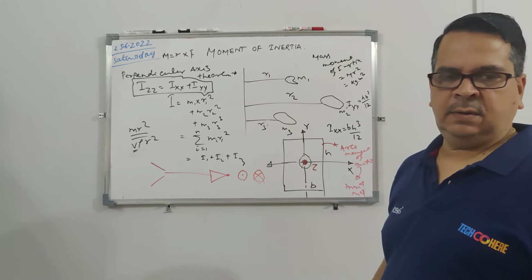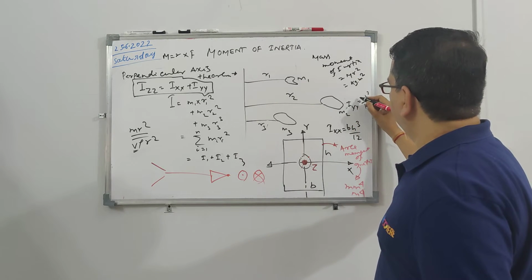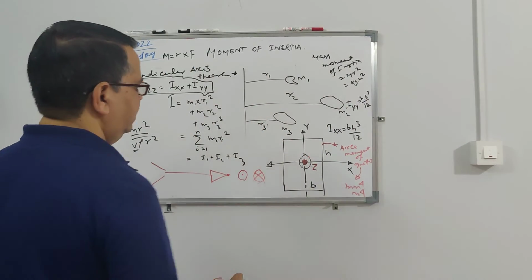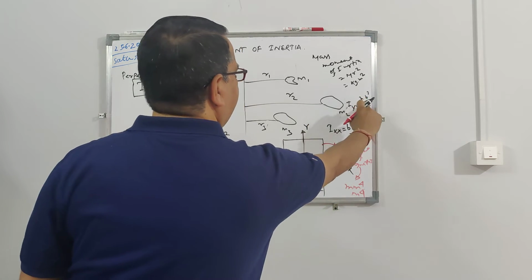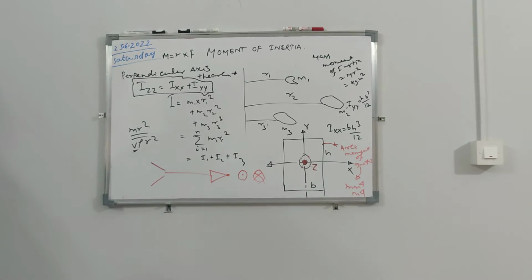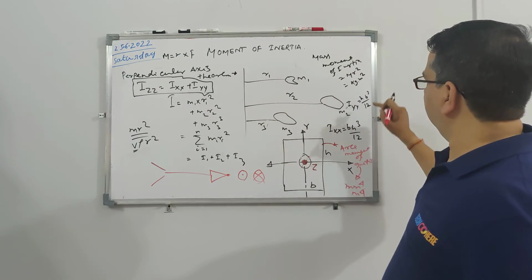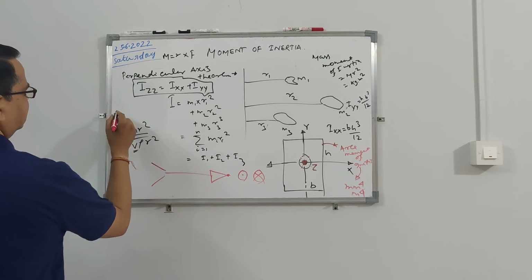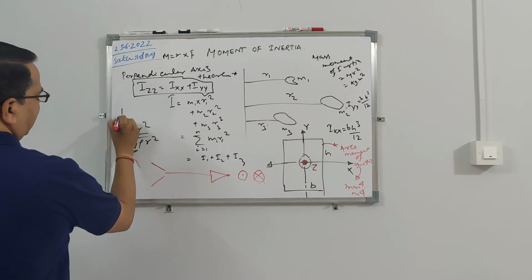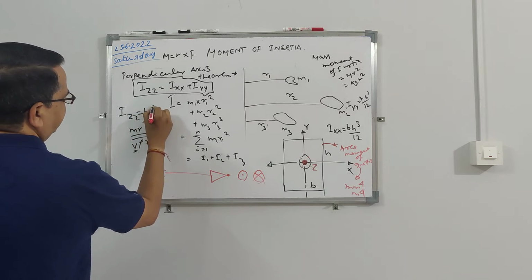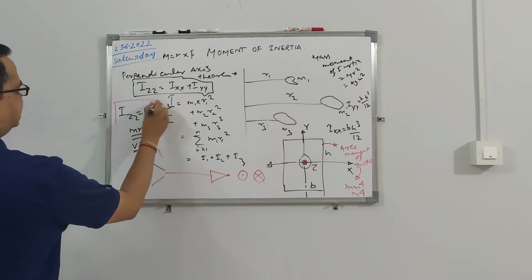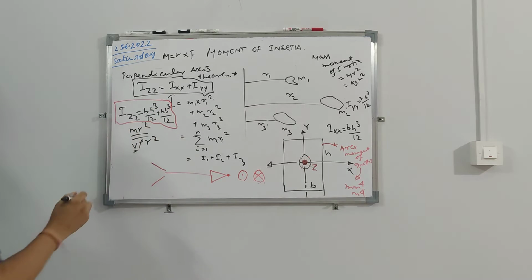About the x-axis it is bh cubed, about the y-axis it is hb cubed. Whichever side is parallel to the axis will not have the power of cube. So as per the perpendicular axis theorem, Izz will be bh cubed by 12 plus hb cubed by 12.